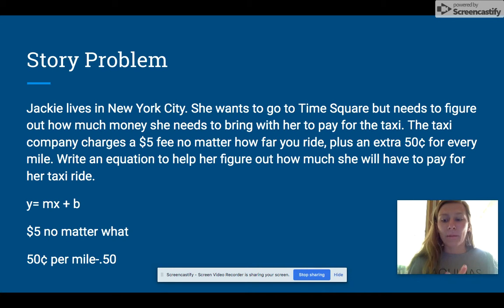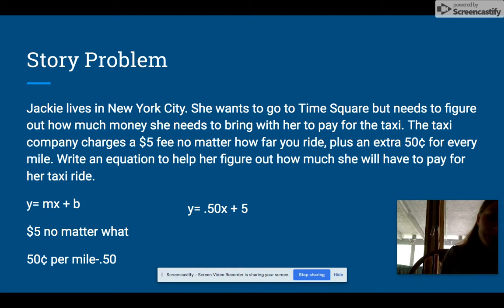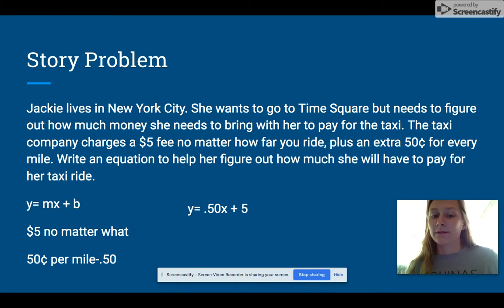So my equation will end up being y equals 0.5x plus 5. So 5 would be the b value, since no matter what, she's paying $5. And then the 50 cents is the m value, since you use that number to find out the additional cost dependent on how many miles she rides.